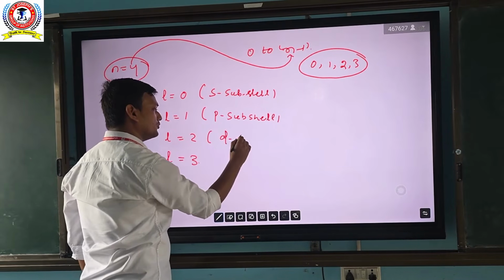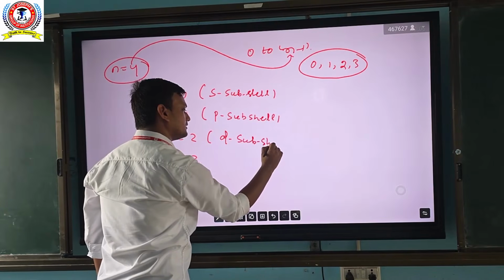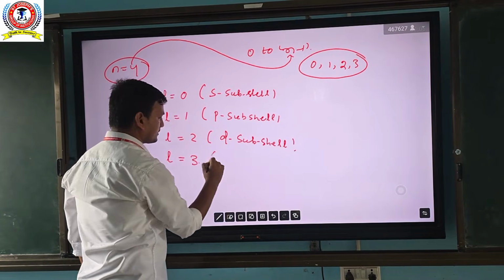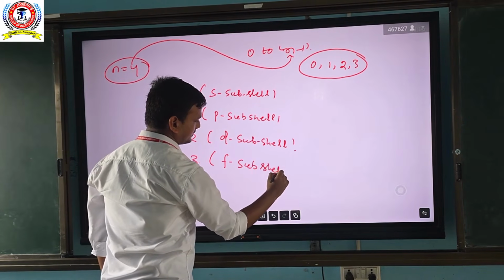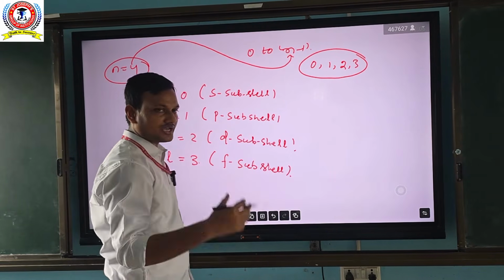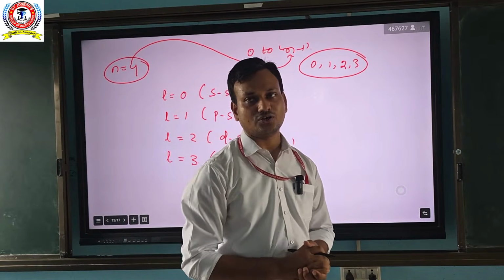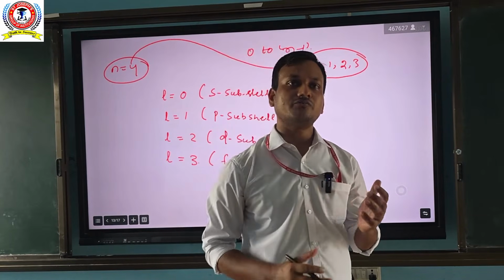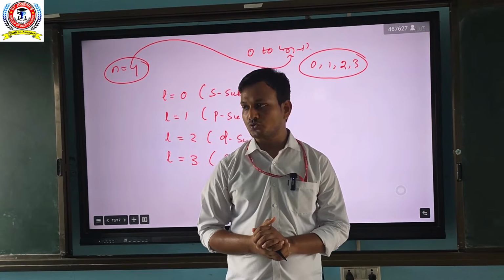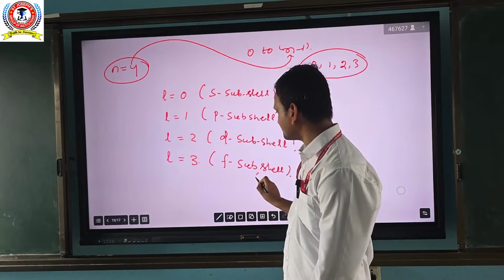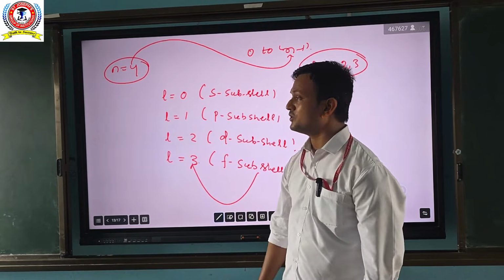L is equal to 2, which subcell? D subcell. And L is equal to 3, which subcell? F subcell. Again we repeat that for the S subcell the value of L is equal to 0, for the P subcell L is equal to 1, for the D subcell L is equal to 2, and for the F subcell L is equal to 3.